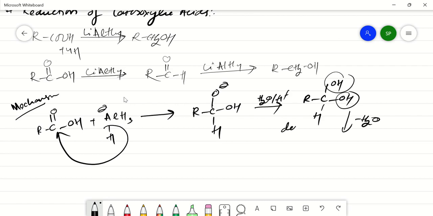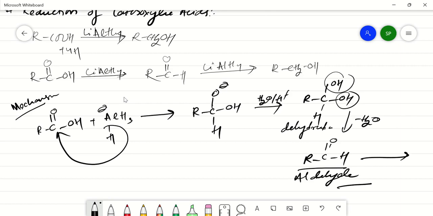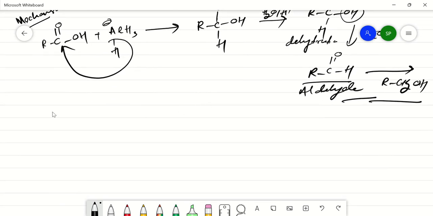There will be dehydration to produce RCHO, which is aldehyde, and this aldehyde will further produce alcohol. This is called the reduction of carboxylic acid. Simply we can say RCOOH plus 4H in presence of lithium aluminum hydride to produce RCH2OH.